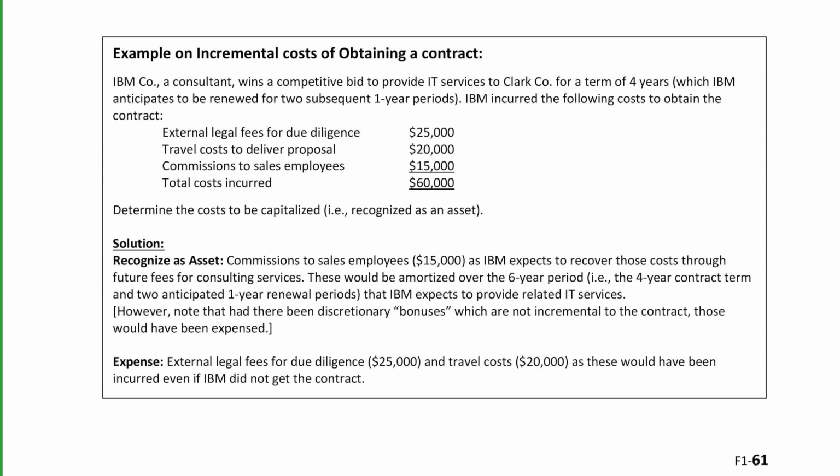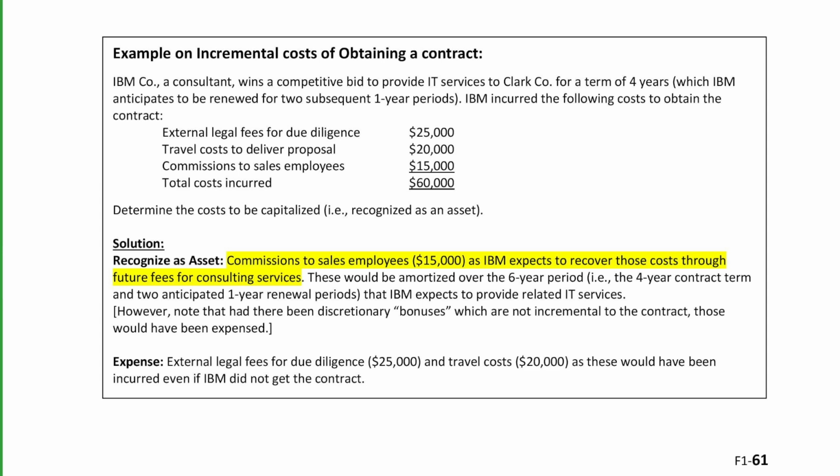Now, determine the cost to be capitalized, that's recognized as an asset. Commissions to sales employees of $15,000 is recognized as an asset as IBM expects to recover those costs through future fees for consulting services.